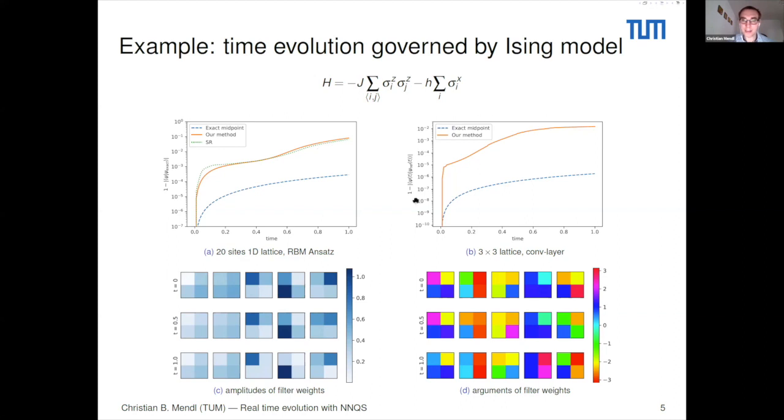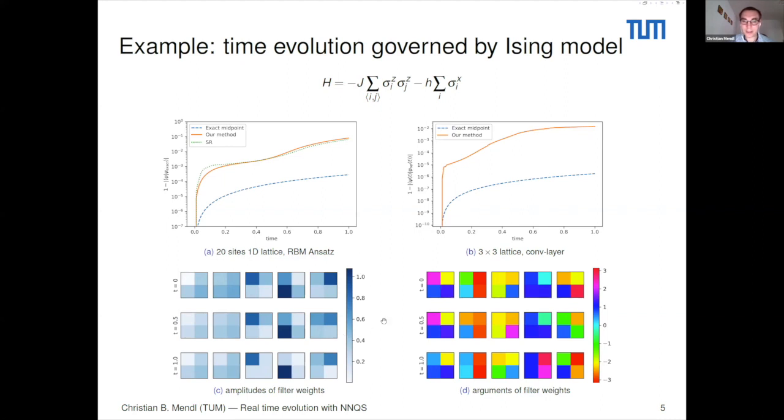And then on the right side, this is the error for a small 3x3 lattice, and here the wave function itself consists of a convolutional layer and a dense layer, right? And again, the dashed line is the error of the exact midpoint method, and the orange curve would be then the error of our method.